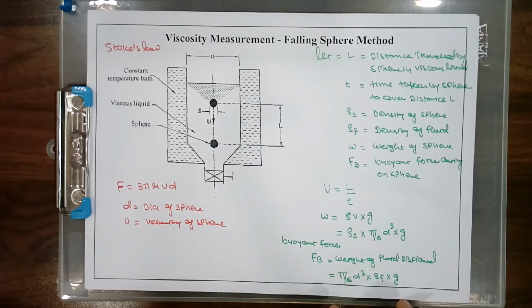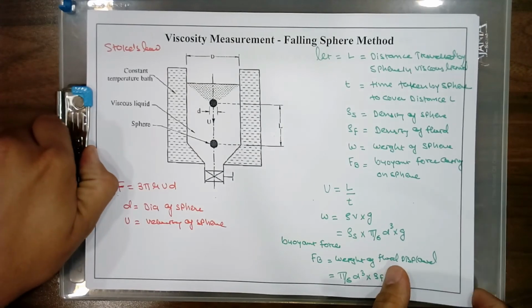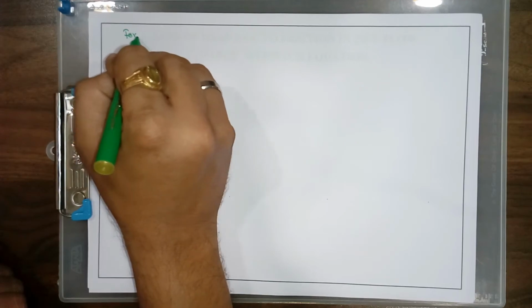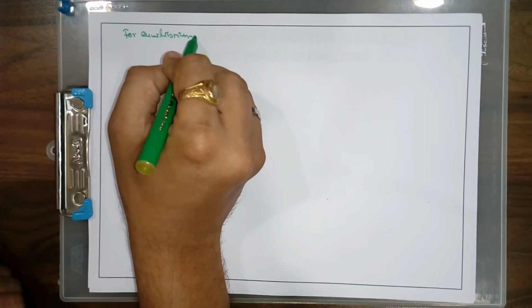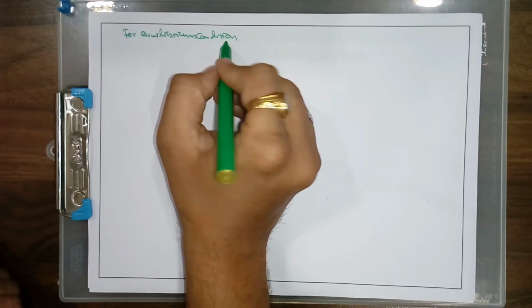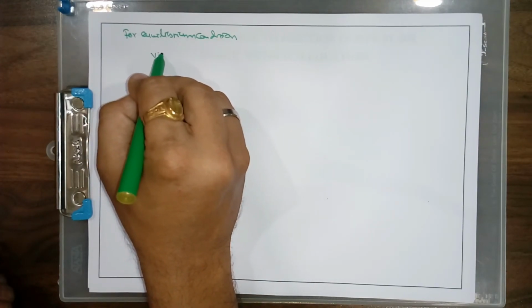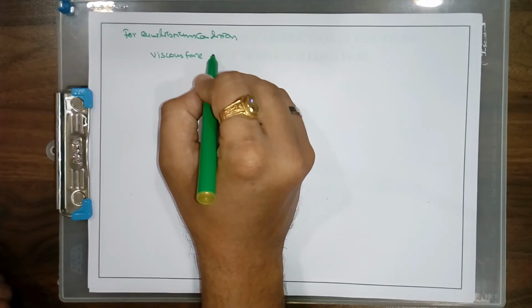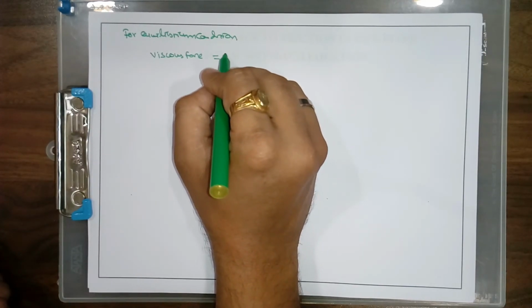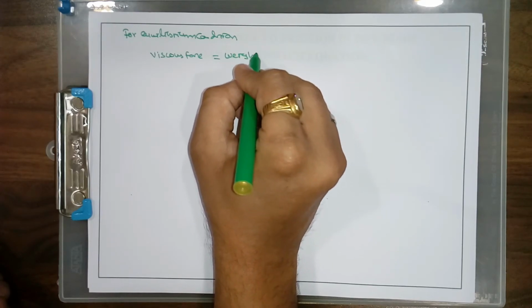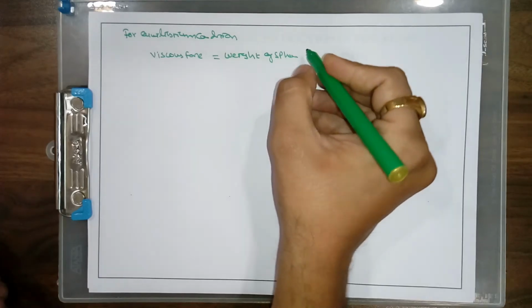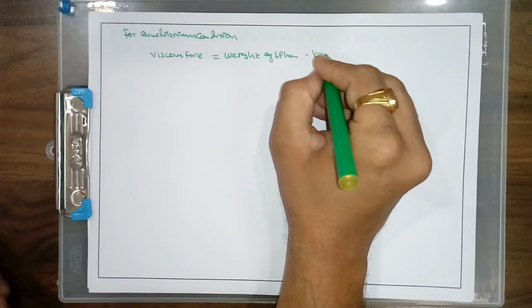That is the weight of fluid displaced by the sphere. Now for equilibrium conditions, the viscous force acting equals the difference of the weight of the sphere minus the buoyant force.